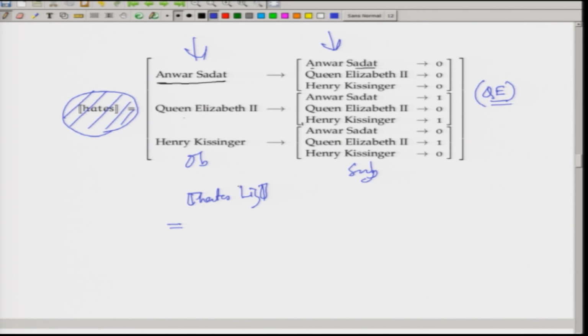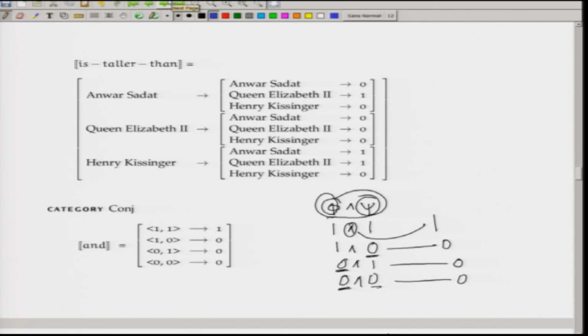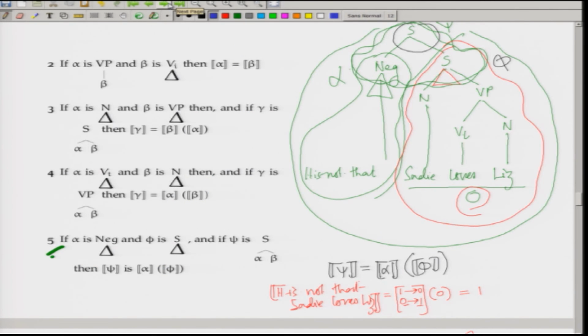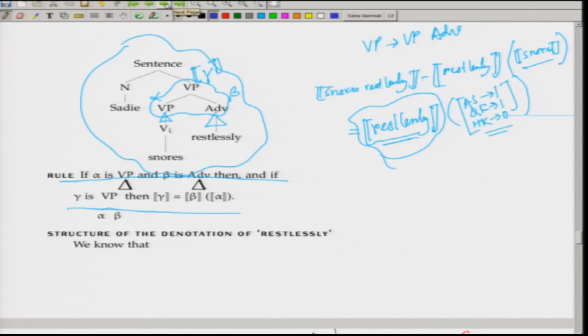So, QE yields this function: AS goes to 1, QE goes to 0, and HK goes to 1. This function, which we need to carry, is 1 0 1. We just remember it is 1 0 1 and we bring it here.